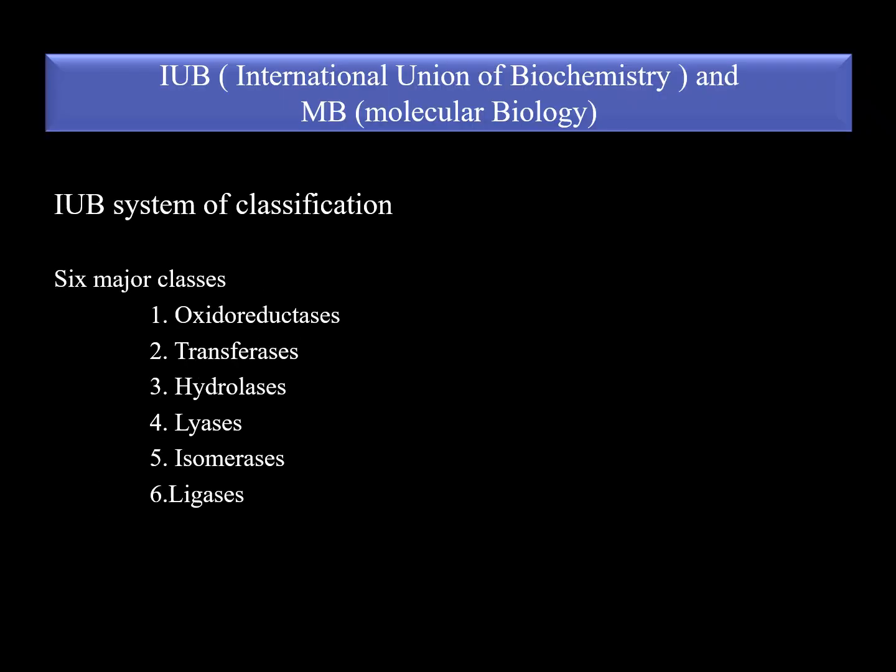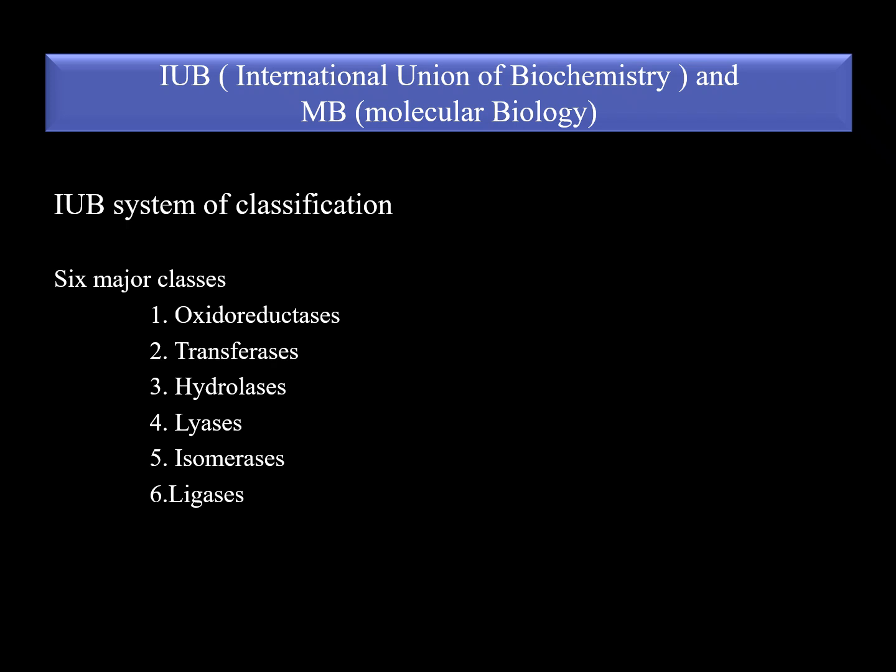IUB classification system. The IUB system classifies enzymes into six major classes based on the type of reaction they catalyze.